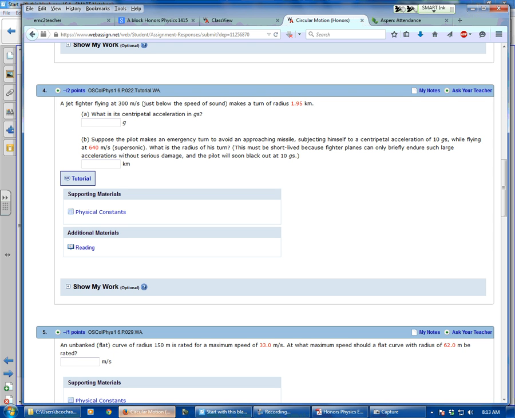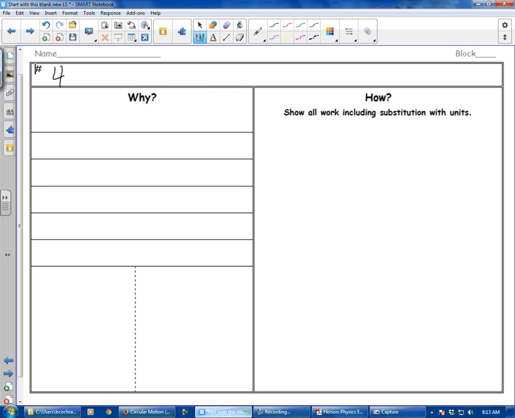A lot of times they'll ask you to do it in g's just to make it more understandable, or more relatable, I guess is a better word. But for this one, first off, do we need a force diagram? No force is mentioned, so we fall under the original rubric.